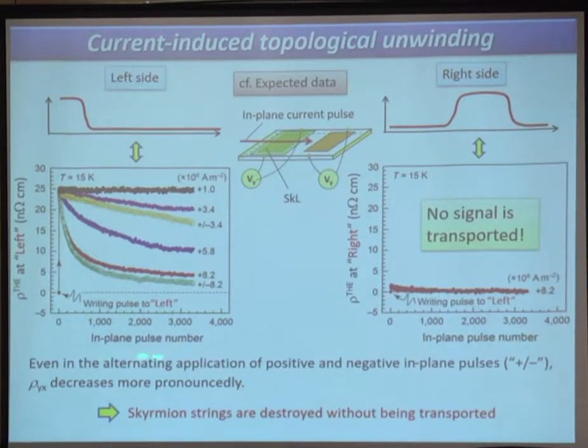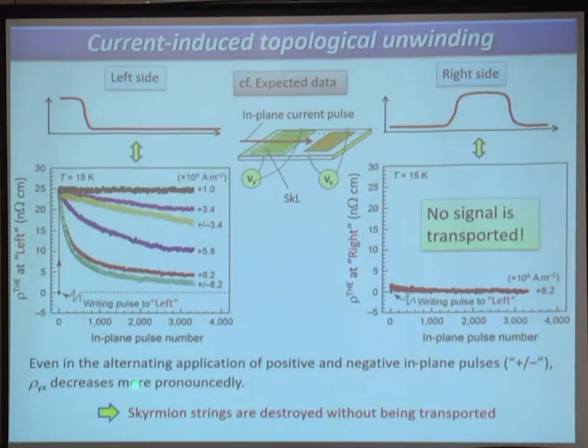This is the in-plane pulse number dependence of the topological Hall signals measured at the left side and the right side. As you see, when we apply the in-plane current pulse, the topological Hall signal immediately starts to decrease, and nevertheless no signal is transported to the right side.